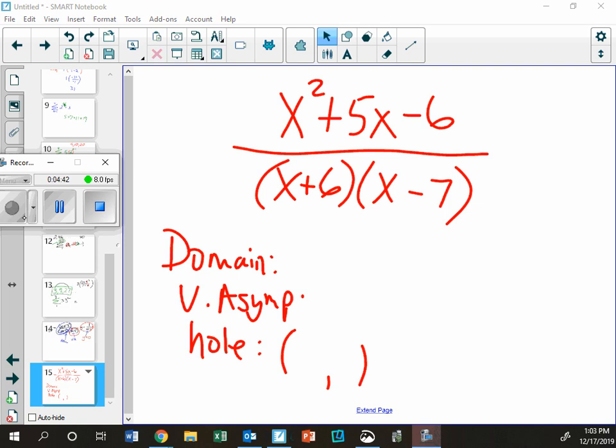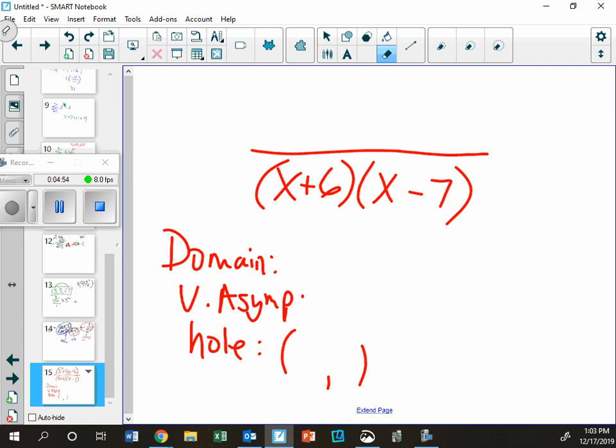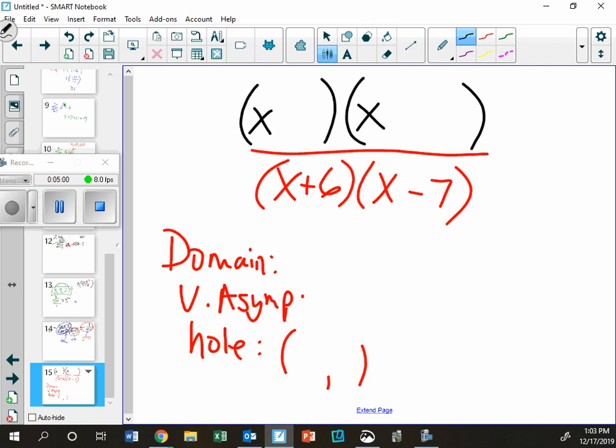Here we go. So on this one, I hope you noticed that this part factored. Because if you can factor it, you should. Now, does anything cancel? Now, usually we set these up so that stuff will cancel. Did anything cancel? Well, let's see. What did you think it was?